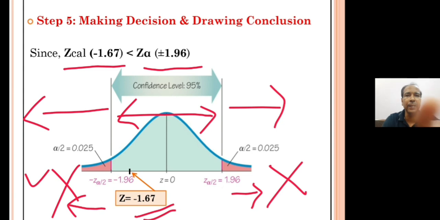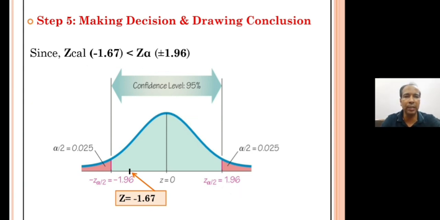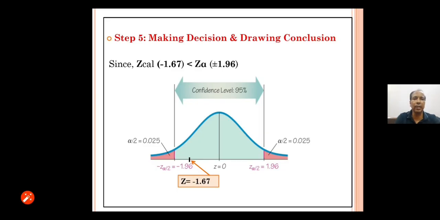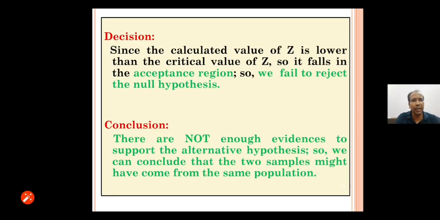Here the calculated value of Z is 1.67 with a minus sign, so the null hypothesis fails to be rejected. How we write the decision and conclusion we can see in this slide.